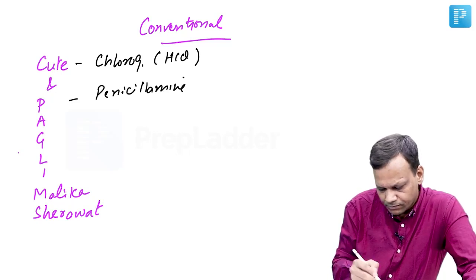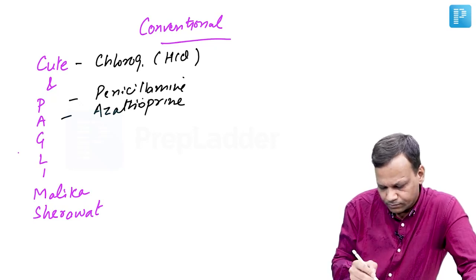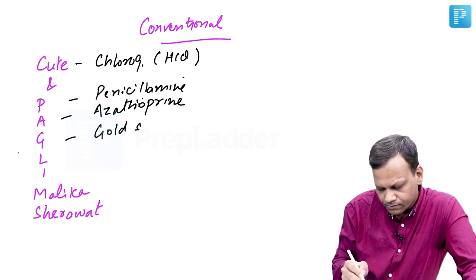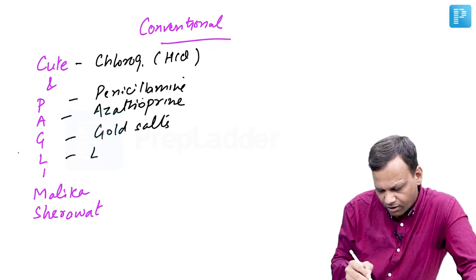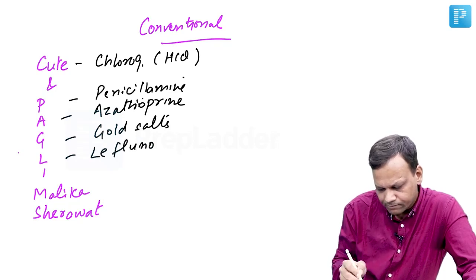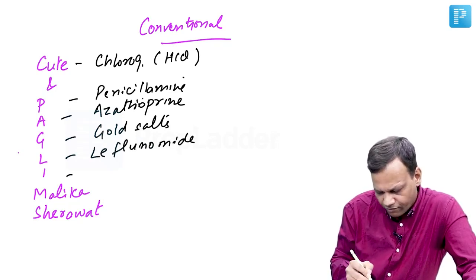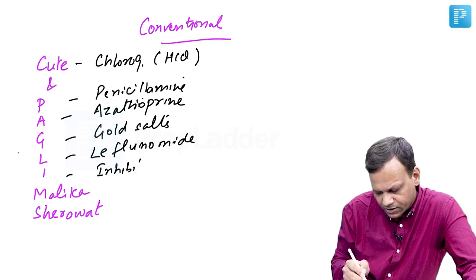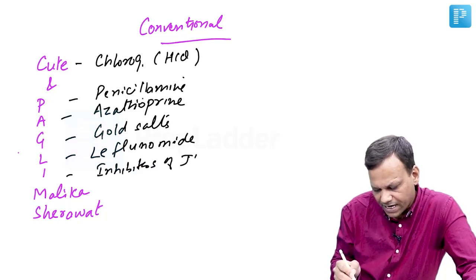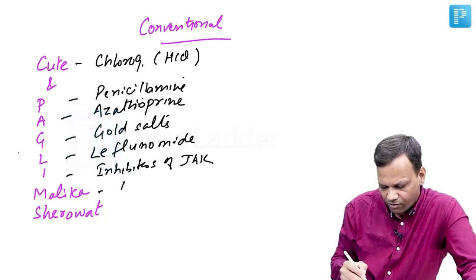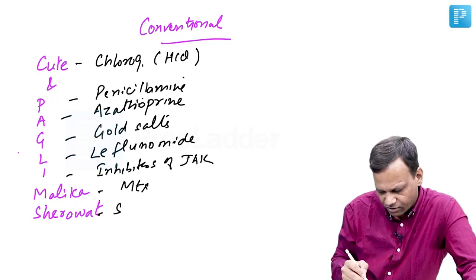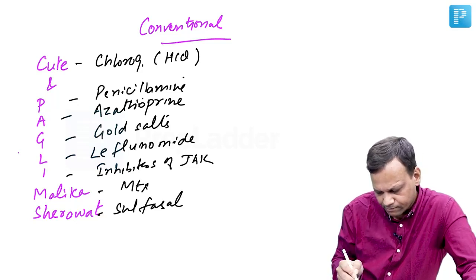A for azathioprine. G for gold salts. L for leflunomide. I for inhibitors of Janus kinase or JAK inhibitors, M for methotrexate, and S for sulfasalazine.